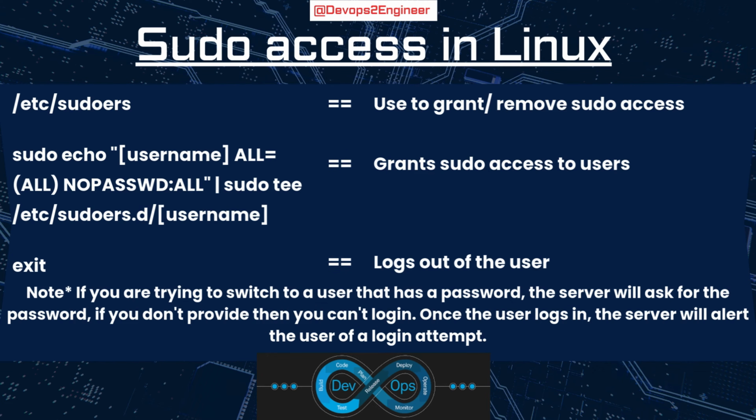Sudo echo, in inverted commas, username ALL=(ALL) NOPASSWD: ALL, in inverted commas, sudo tee /etc/sudoers.d/username grants sudo access to the user. Exit logs out of the user.